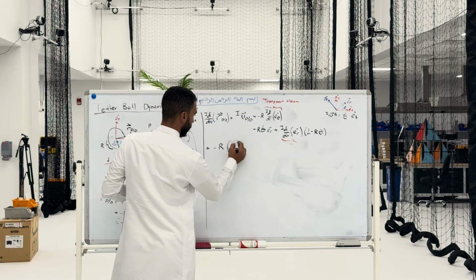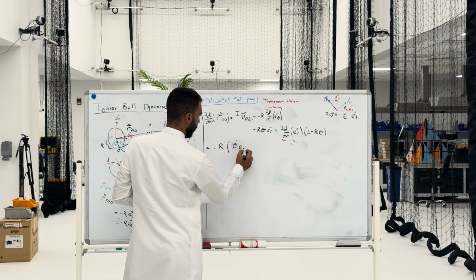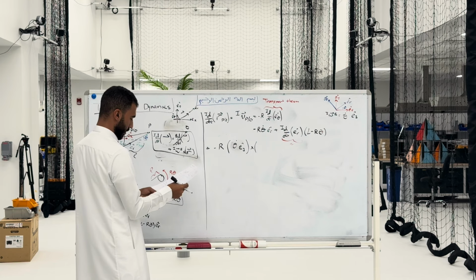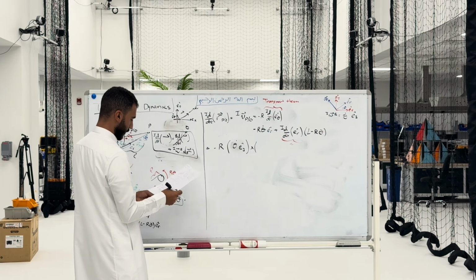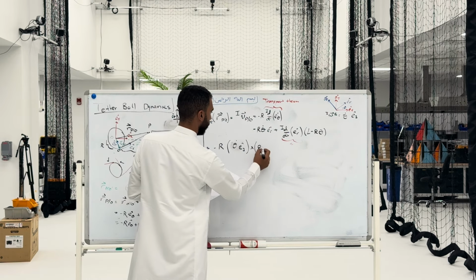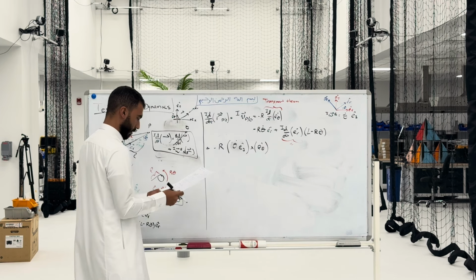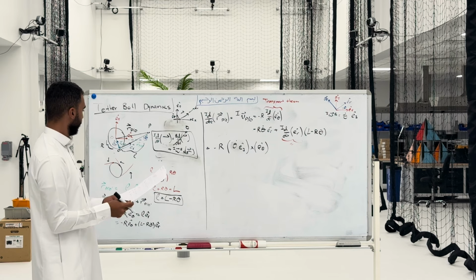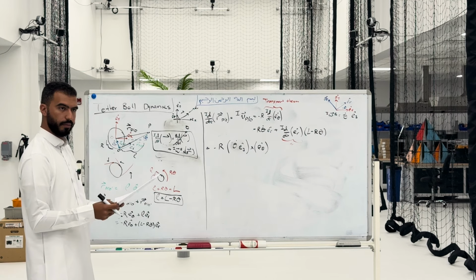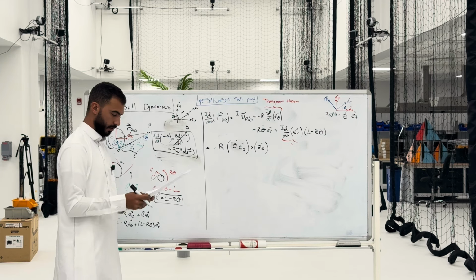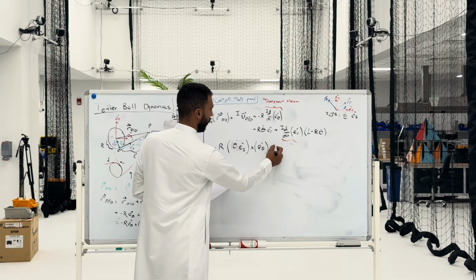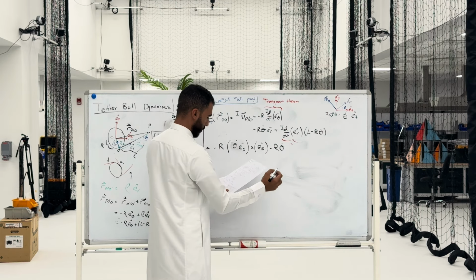I have theta dot E3 crossed with E theta. Make sense? Negative R theta dot.